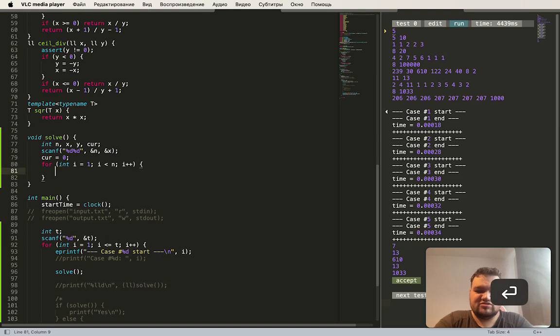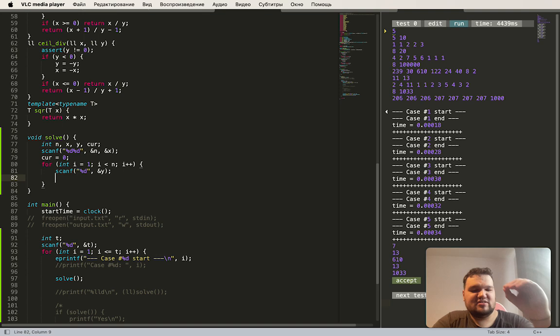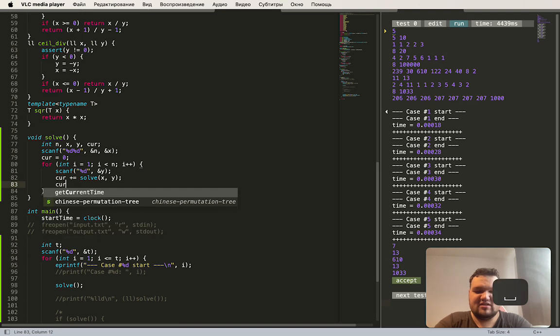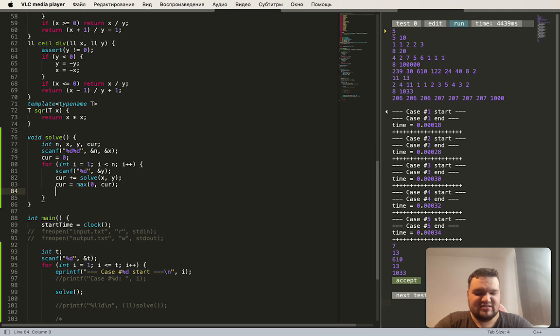Then I go through the array, read the next element, and ask: how many squarings do I need to apply to y to make it not less than x? By that number, I should increase the current value. This number can be negative, but the total cannot be negative. If it became negative, I need to make it 0.